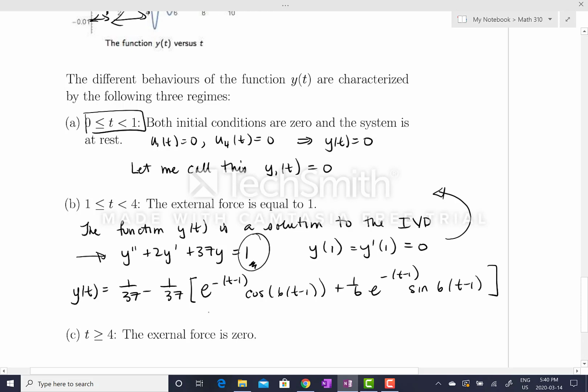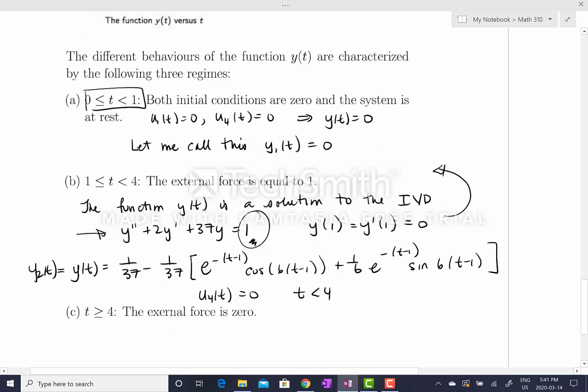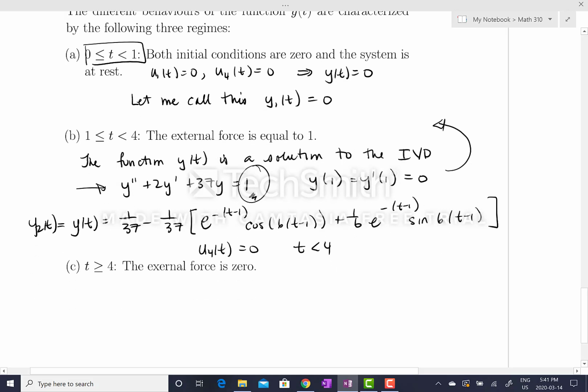I'm going to call this y2 of t. We don't have the rest of it because u4 of t is equal to 0 for t less than 4. So we haven't had that next step that causes the solution to change. And then what happens after t equals 4? The external force is 0.